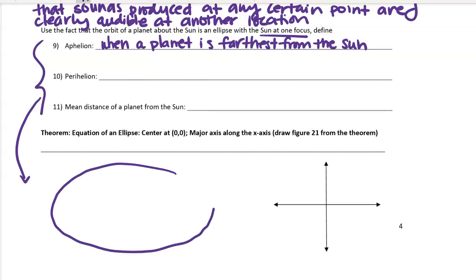So here's an orbital path in an elliptical sense. And it says the sun is one of the foci, so that's focus one. On these problems, we're going to make your center at the origin, so it's just easier. And this one says aphelion is the distance that's furthest from the sun. So that means the planet is over here. So this, the whole thing here, guys, is aphelion, okay?